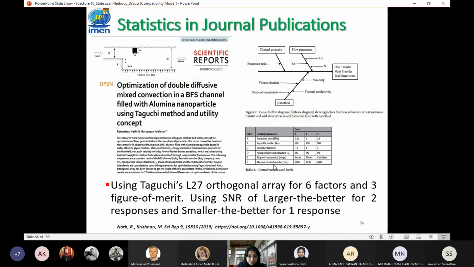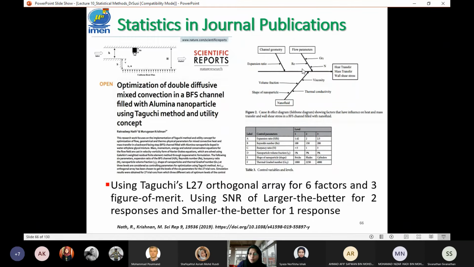What are the factors? If you look at them, they relate to their cause and effect diagram, which we call the fishbone diagram. Basically there are 3 parameters: the channel geometry, the flow parameters, and the nanofluid. The channel geometry is the height, the width, and so forth. The flow parameters, because you have gas or liquid flowing through. And you also have nanofluids inside the chamber.